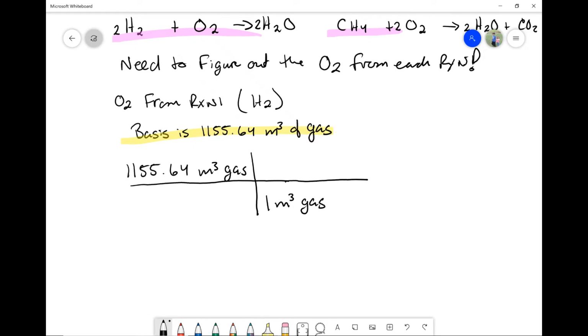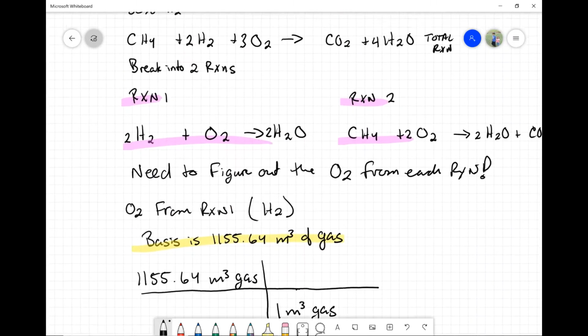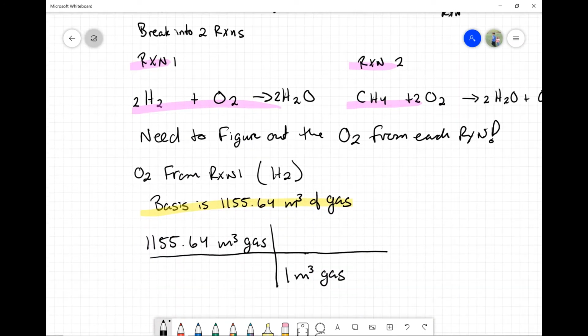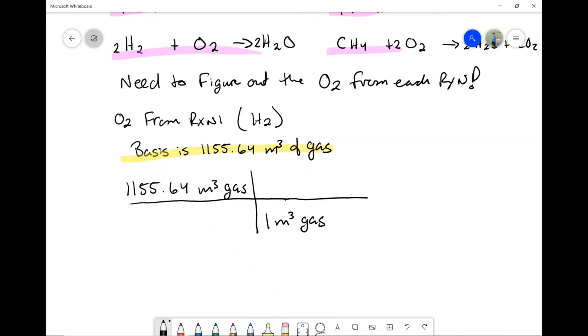What was the percentage? It was 0.50, so it's 50% hydrogen. We have 0.50 cubic meters of H2.